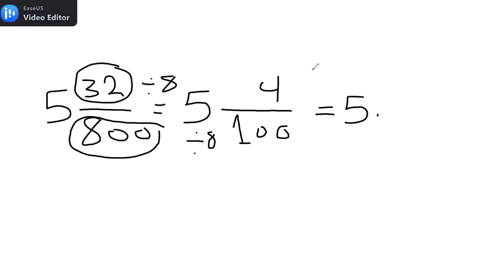Excellent. Why do we put 0 here? Because this number should have 2 decimal places because the denominator is 100. So we put a 0 here, but this 0 doesn't change the value. So the correct answer is 5.04. Thank you very much, Ziad.